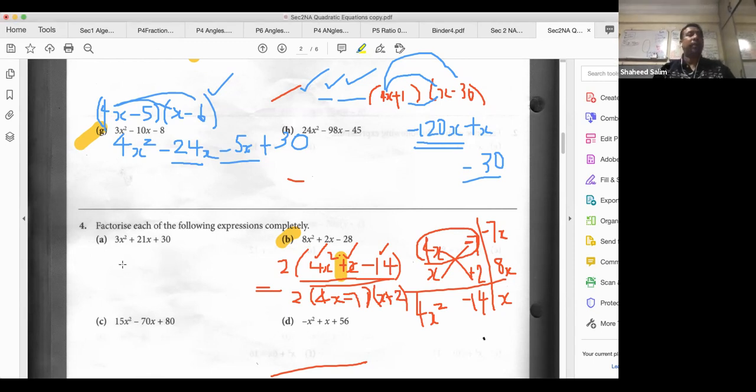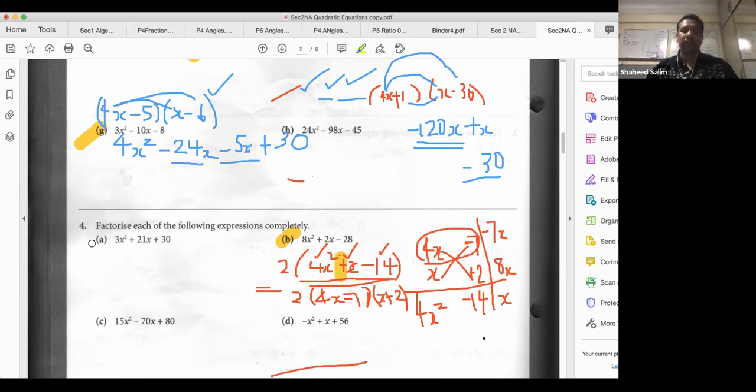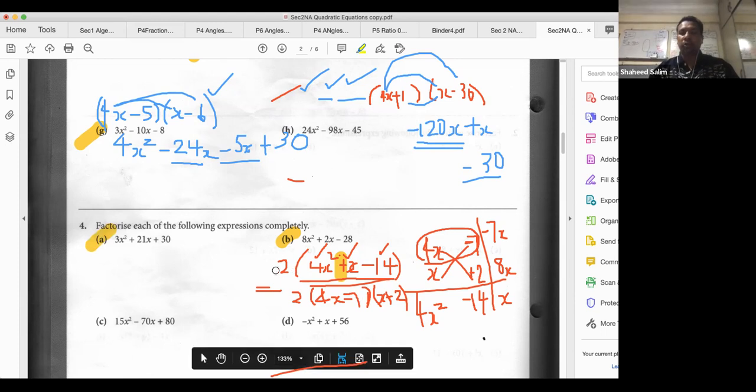So why don't you try the next one, question 4a. Okay, you divide it first, like that. Put the 2 or whatever number outside first.